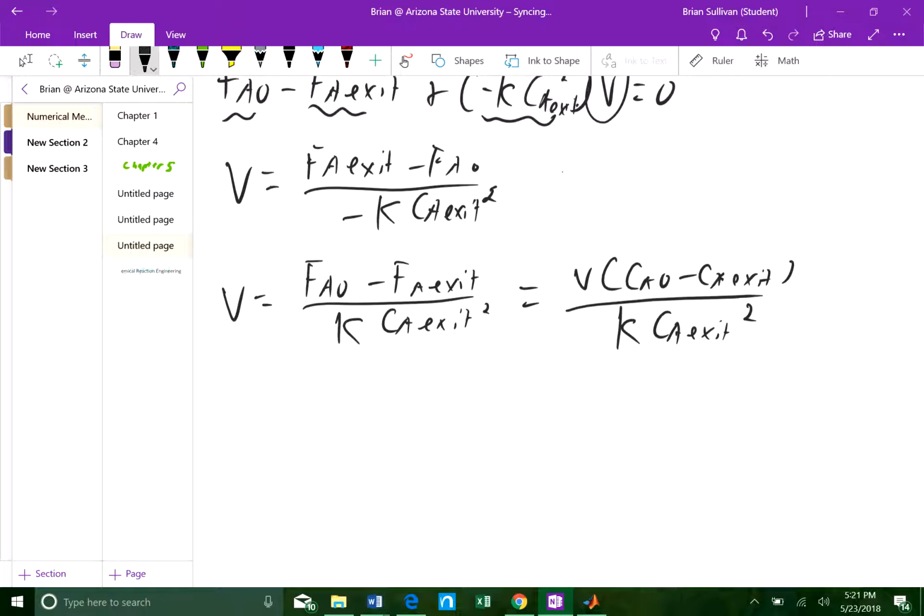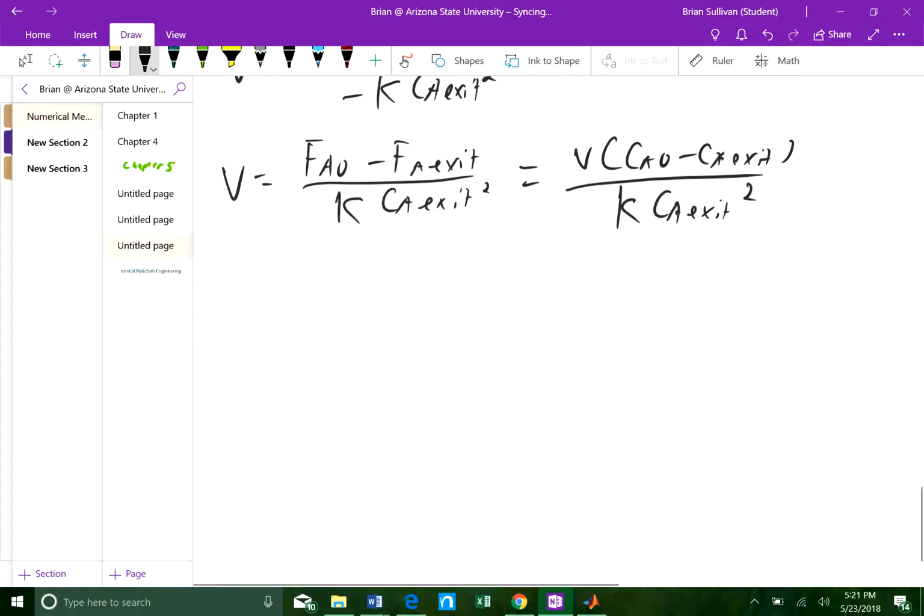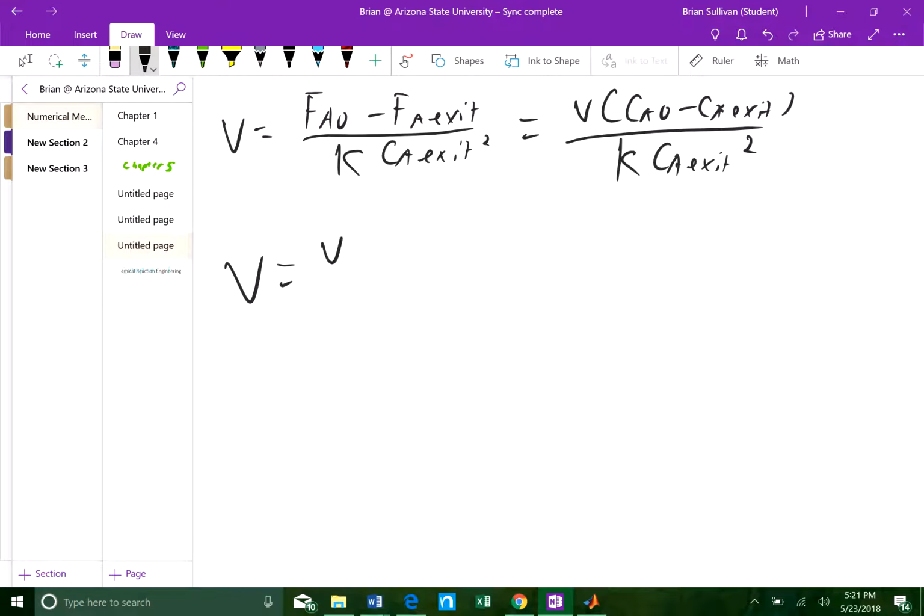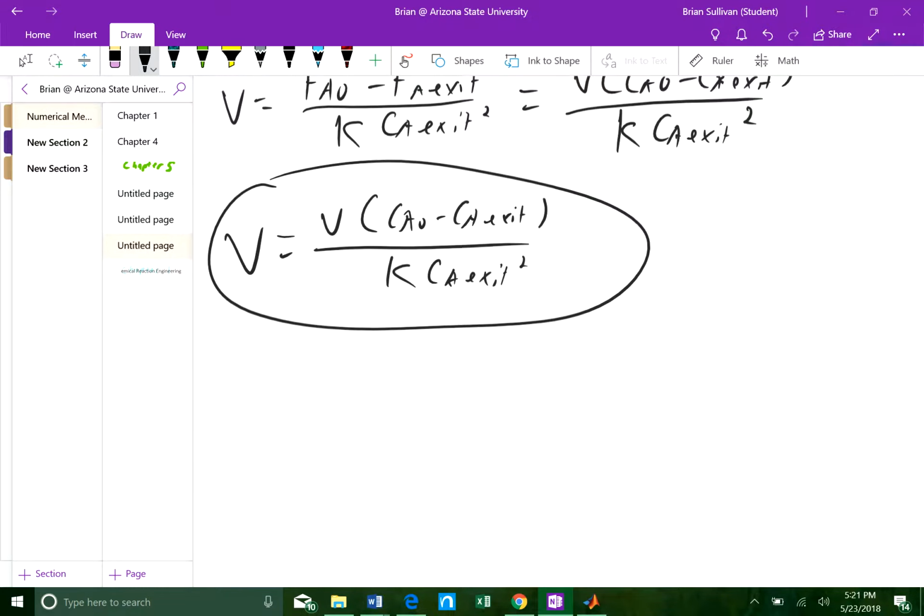Like this. Okay? So V ends up becoming v times CA naught minus CA exit over K CA exit squared. Okay, perfect. And you can split this up and solve for it in different ways to get the volume or the flow rate, and you can move these variables around. So this is basically your equation.